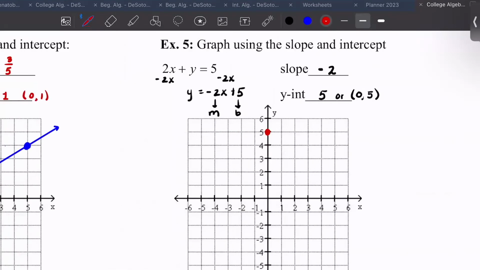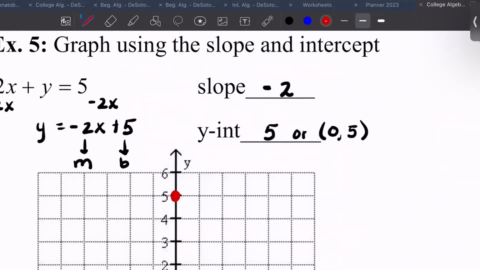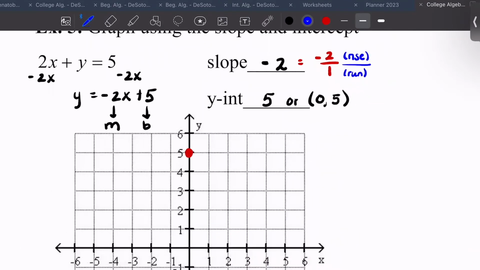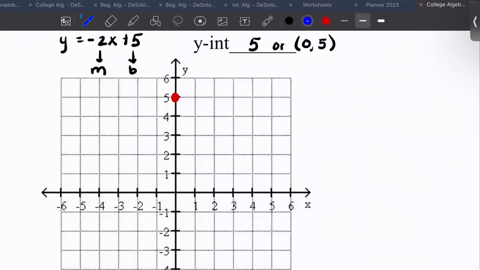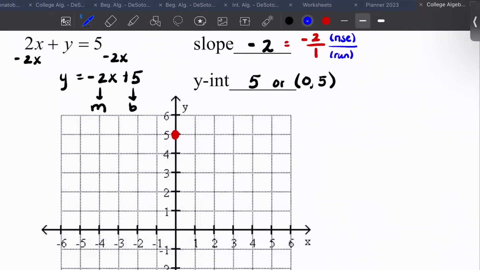Our slope is negative 2, and we need to rise and run. The way that we write negative 2 as a fraction would be negative 2 over 1, and this is rise over run. So we're going to rise negative 2, run 1. It's negative, so we need to do a positive move and then a negative move, or a negative and then a positive. In this case, we're going to do negative and then positive, because we don't want to go up and go off our graph. So we're going to go down 2 over 1 to the right.